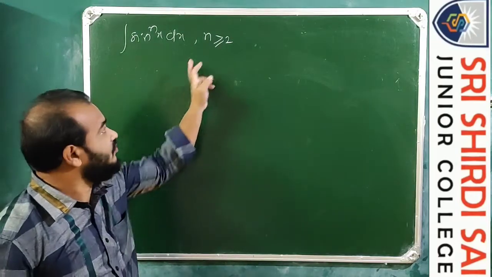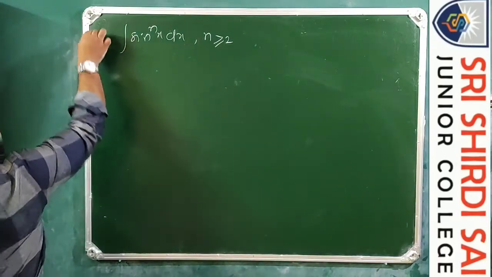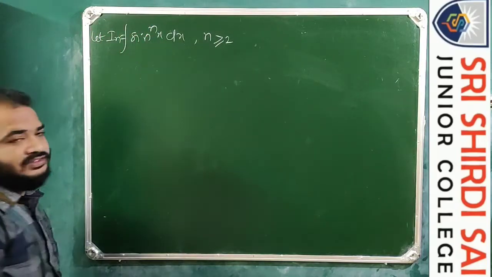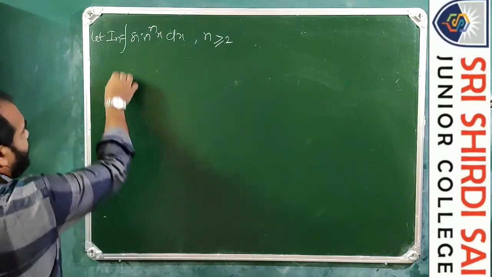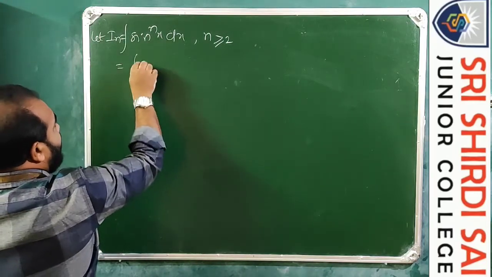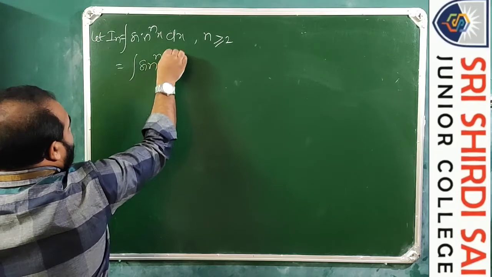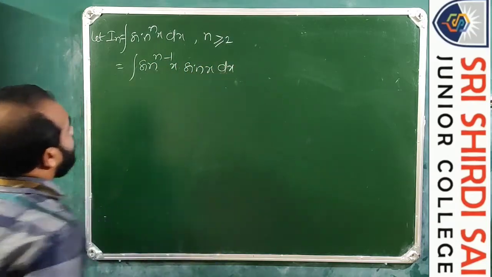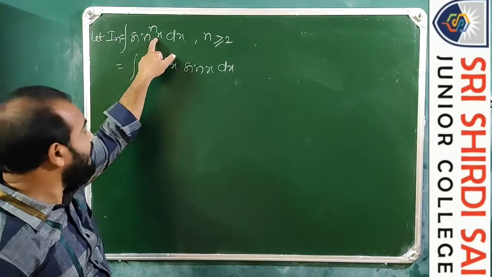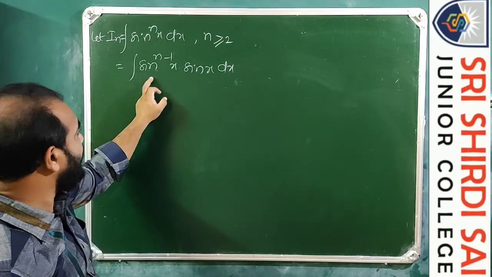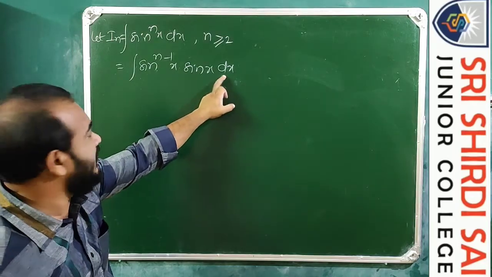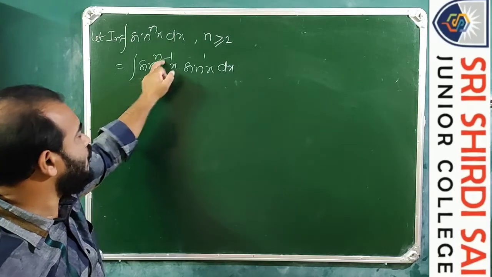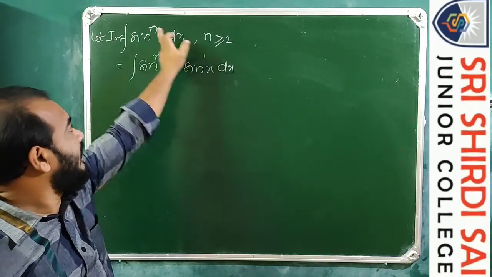Let us consider this integral to be I_n. So sin^n x can be written as sin^(n-1) x into sin x dx, since the bases are equal and the exponents are to be added, n minus 1 plus 1 is n only.